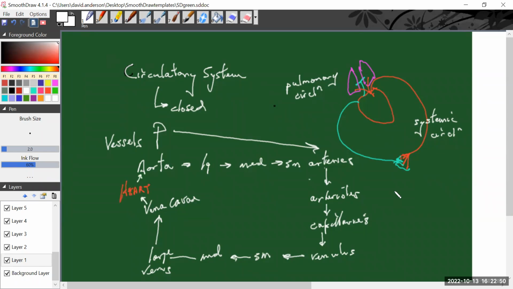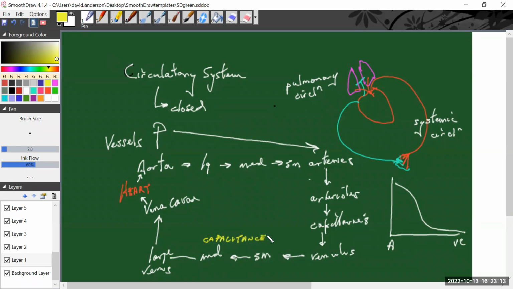Okay, so our pressure, if we were to draw a graph from the aorta to the vena cava, our pressure kind of goes like this, gets progressively less and less. So on the vein side, these veins are described as capacitance vessels.